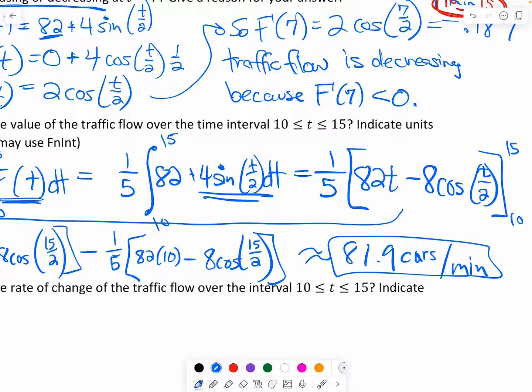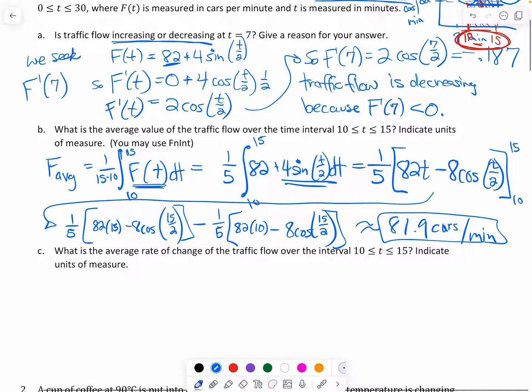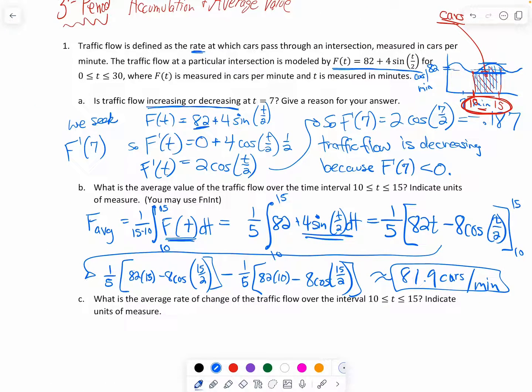Okay, last one there, the average rate of change of the traffic flow over the interval from 10 to 15. Okay, this one, average rate of change, that's a slope of the secant line. We don't take the derivative, we don't have an integral.